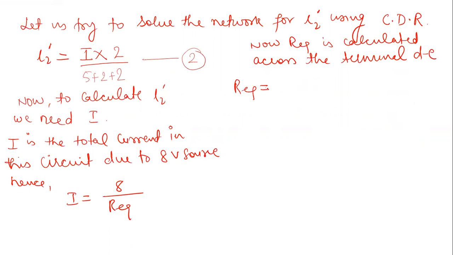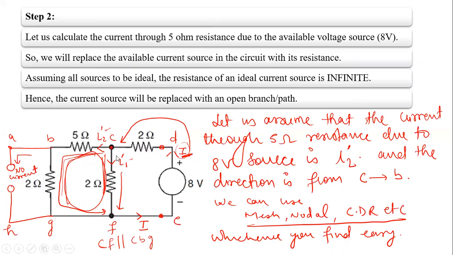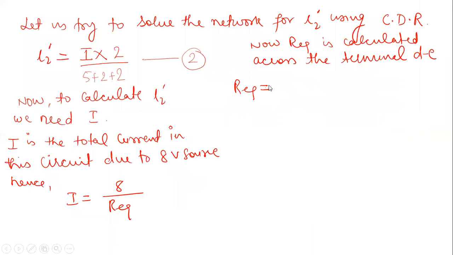R equivalent is equal to, let us see what is R equivalent. So now we will simplify this circuit from this end to this end to calculate R equivalent. So here we are calculating R equivalent, right? So it is 5 plus 2, both are in series. So 5 and 2 are in series, and the resultant is in parallel with the 2 ohm resistance, and the resultant is in series with the 2 ohm, right?